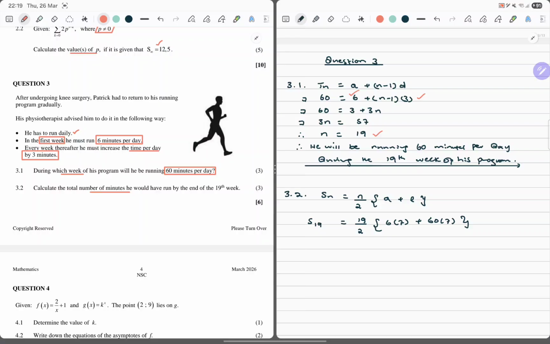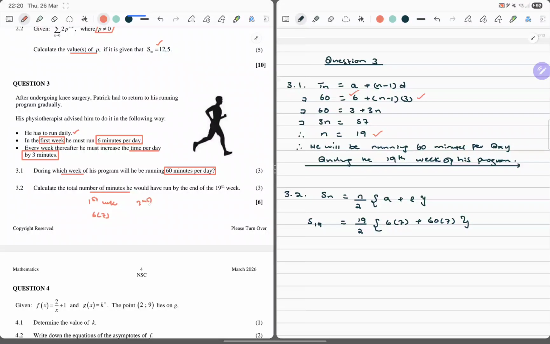Now, I just want to check something. Let's say in the first week, because there's 19 weeks here, in the first week, the total number of minutes is going to be 6 by 7.